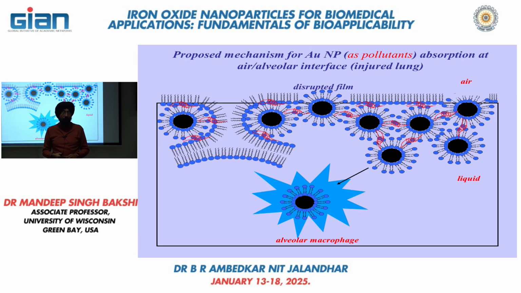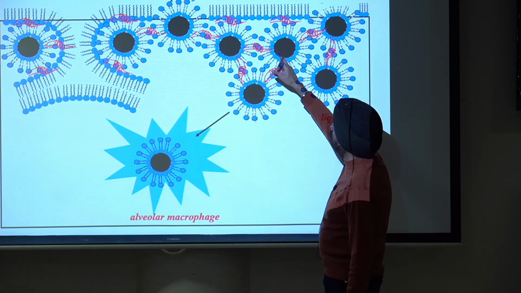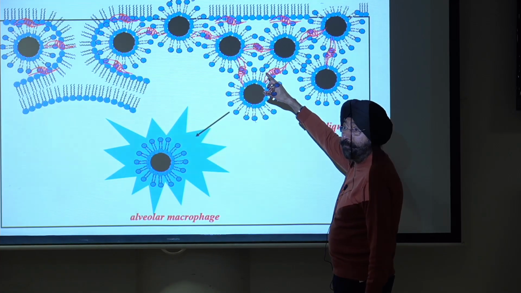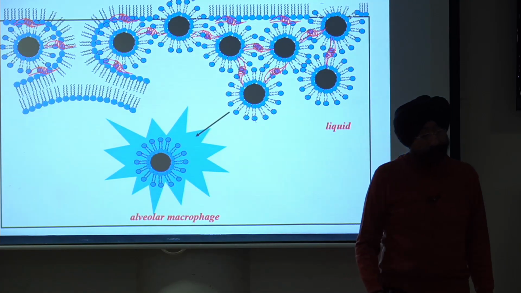Where have they gone? Any kind of foreign particle, living or non-living, that enters into the lung during respiration is taken up by macrophages, alveolar macrophages. They are there in the lung fluid. So any foreign particle that enters through the interfacial layer is instantaneously taken up by the macrophages.